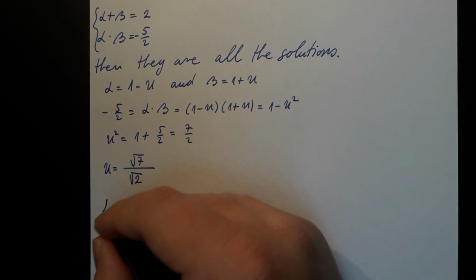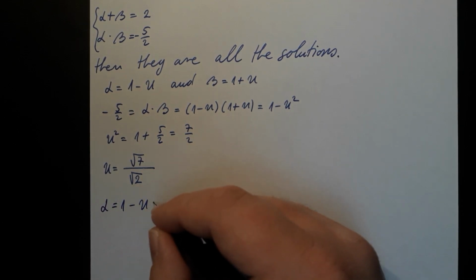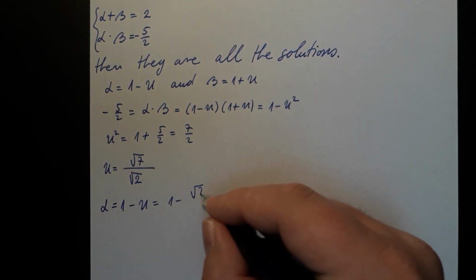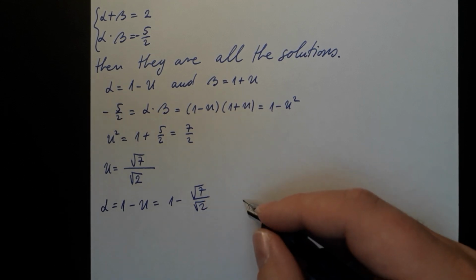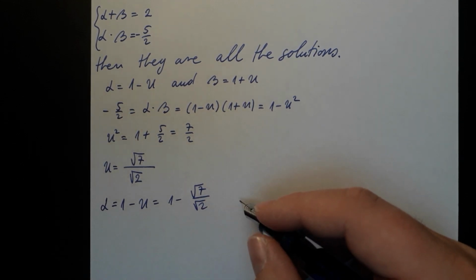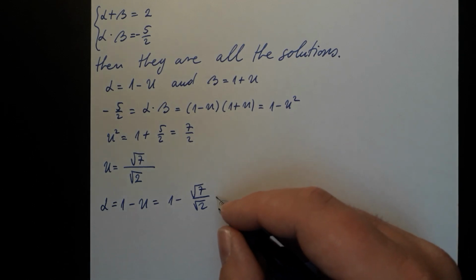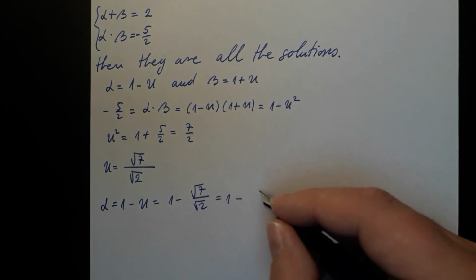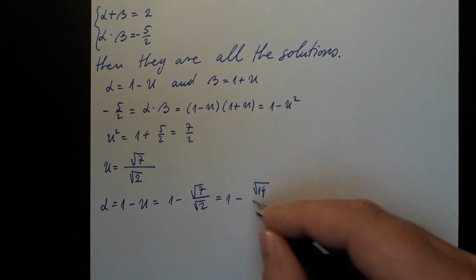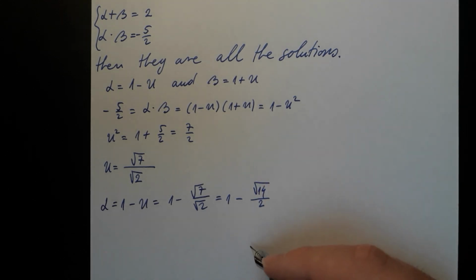So now alpha is equal to 1 minus u, which is 1 minus a square root of 7 divided by a square root of 2. We can rationalize the denominator to make it look pretty, and then we get 1 minus the square root of 14 divided by 2.